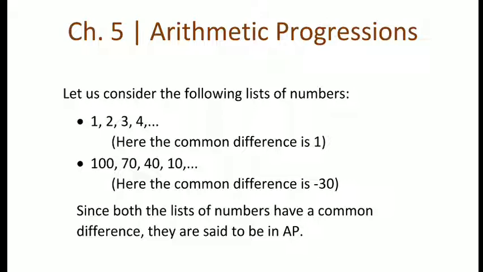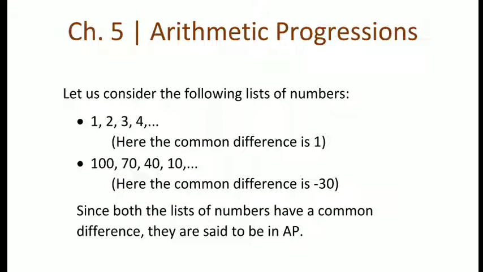Let us know whether the groups are AP or not. If a group satisfies the specific characteristic, it is an AP. In the first group, there are 4 numbers: first term, second term, third term, fourth term.